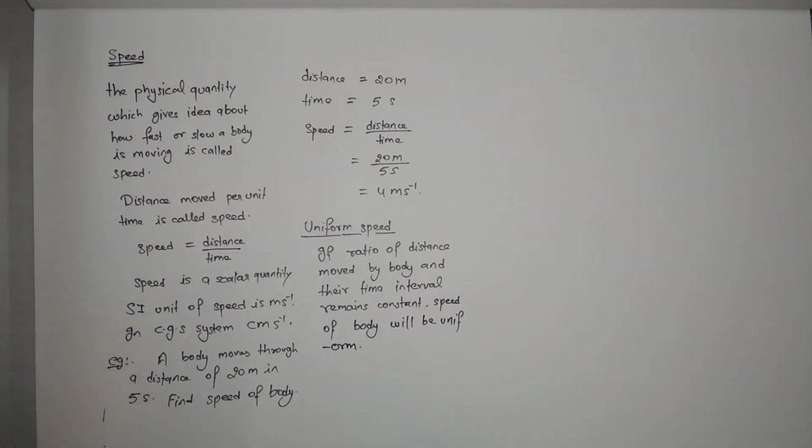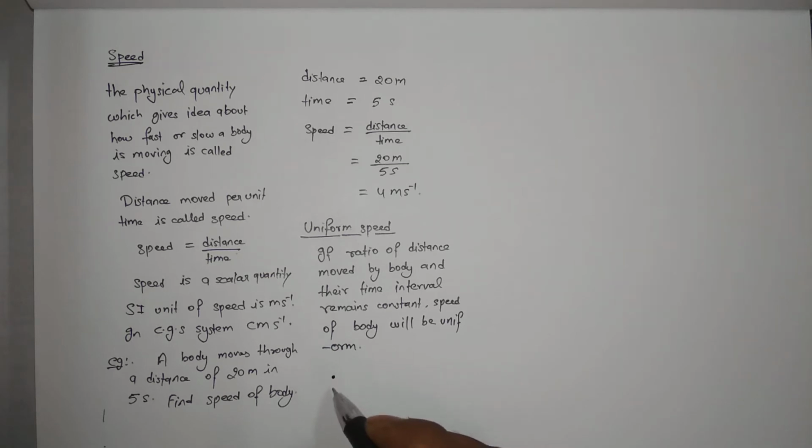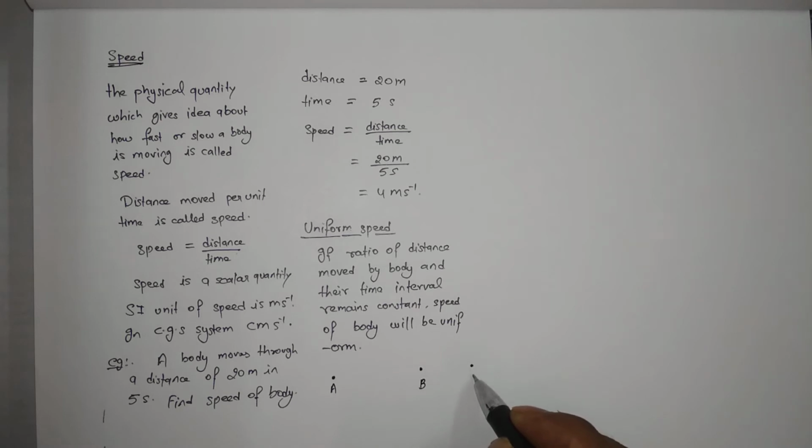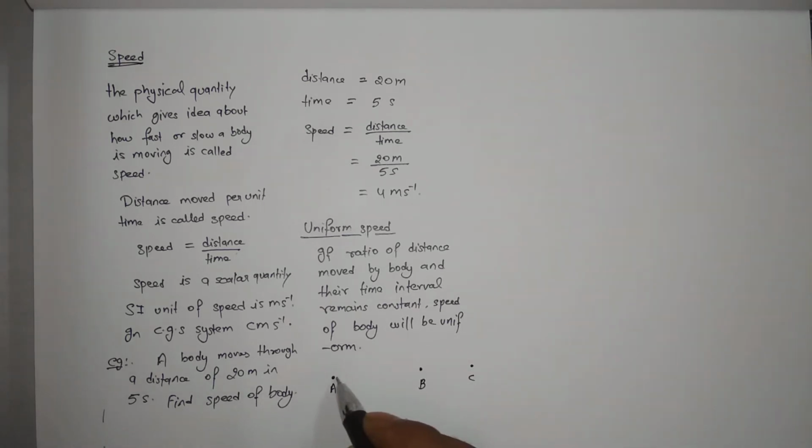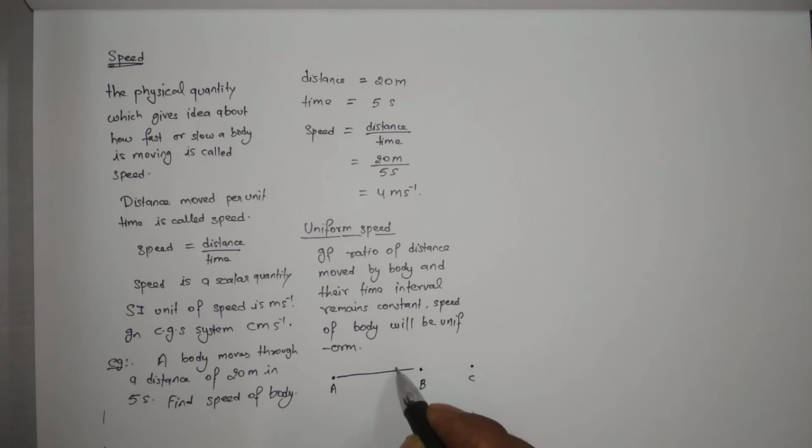It means that if body is moving through some distances and the ratio of distance and their respective time remains constant, then body is moving with uniform speed. Just see an example. Point A, point B, and this is point C. Suppose body moves from A to B and this distance is 50 meter and time taken by body to move from A to B is 5 seconds.